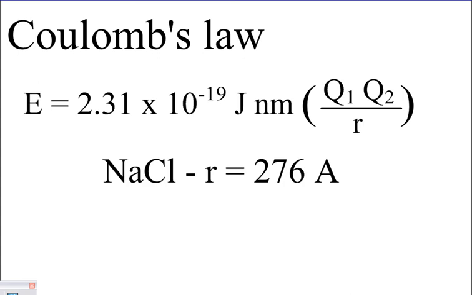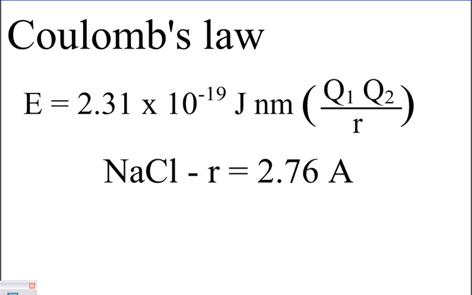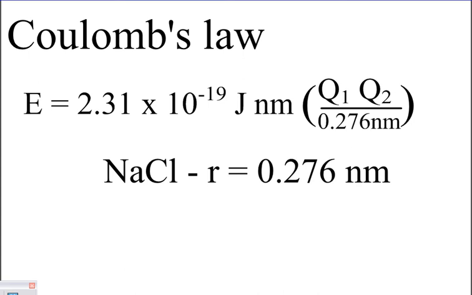So for example, sodium chloride, the distance between the centers of the sodium and the chloride ions is 2.76 angstroms. Or, if you were to convert that into nanometers, an angstrom is a tenth of a nanometer, so 0.276 nanometers. So we can go ahead and plug that into our formula, where r is 0.276 nanometers.